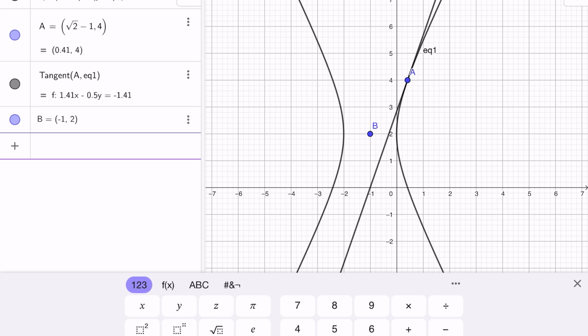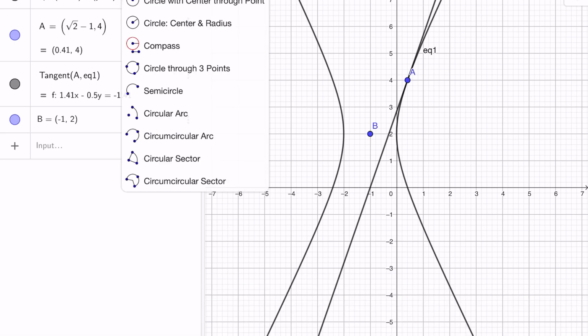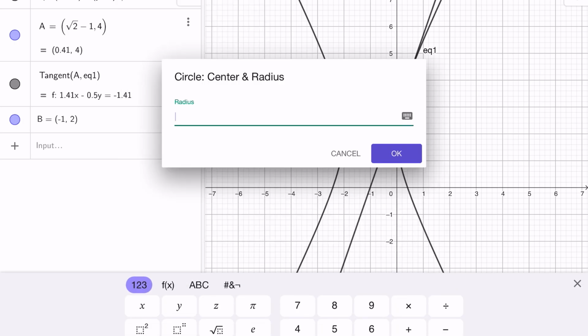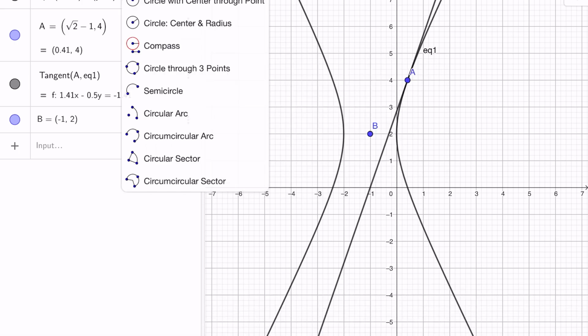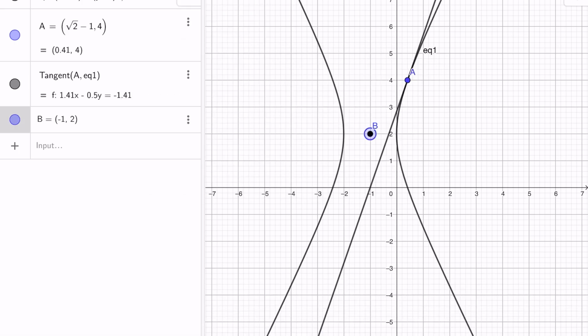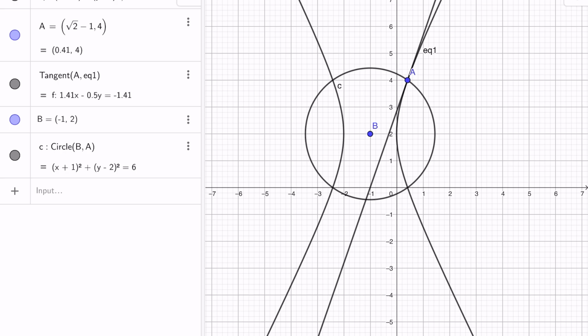So another way of thinking about it is if I've got a circle centered at the center of the thing, and it goes through there, the other side of the circle, which is the coordinate -1 minus root 2, 0.